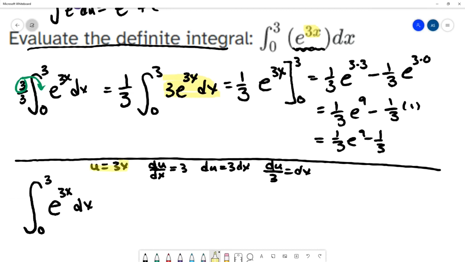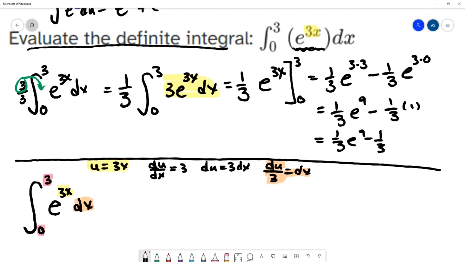I'm going to substitute in for 3x to become u. I'm going to substitute in for dx to become du over 3. But I need to also change these bounds. These bounds are for x, and because I'm changing to u, I need to change those bounds to u's.